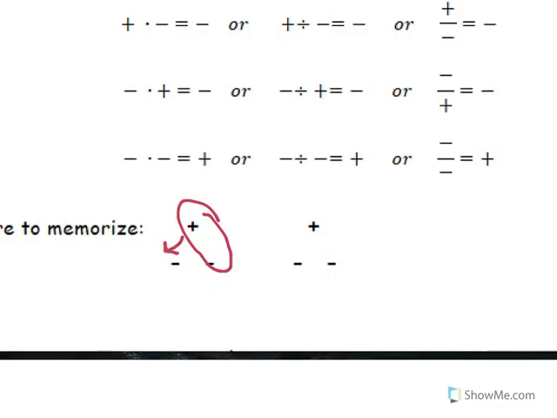Let's try it again. Maybe I have a negative number times a negative number. The answer is going to be a positive number. A negative number times a positive number, the answer is going to be a negative. So you can use this little triangle to help you. Positive sign goes on top, two negatives go on the bottom. And this is something that you can use to help you memorize.